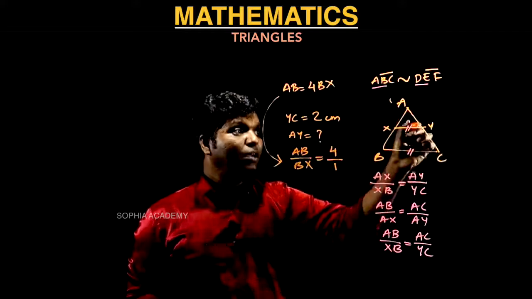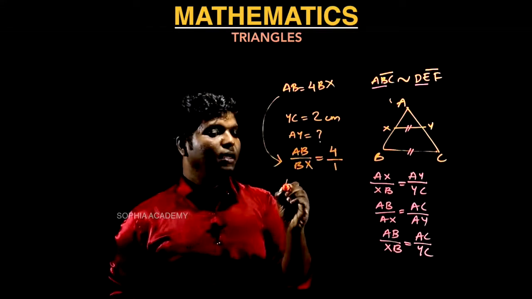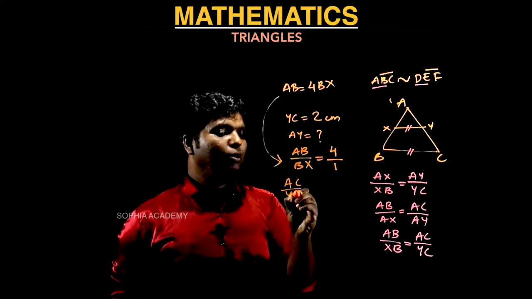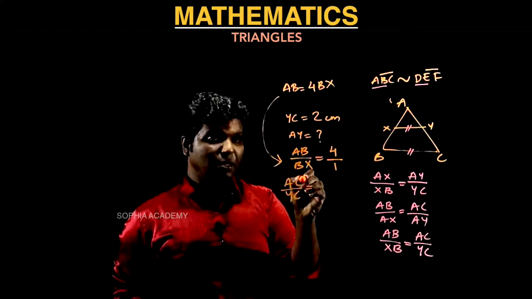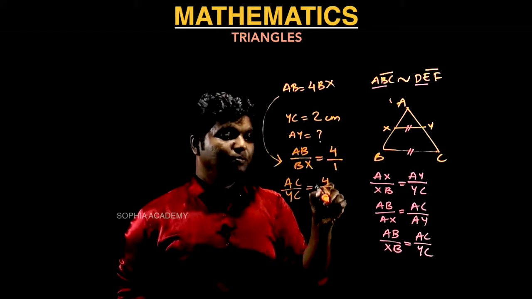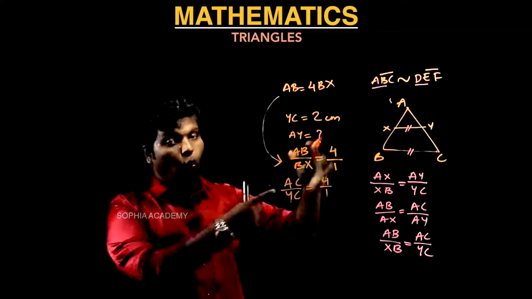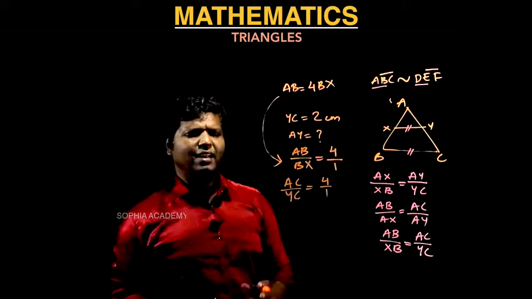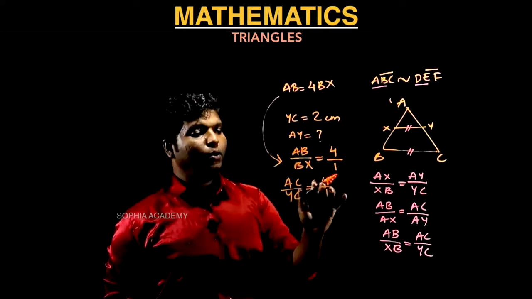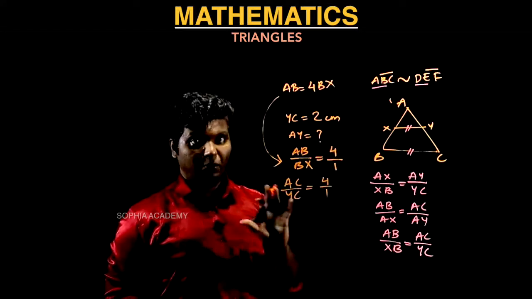So we write AC by YC is equal to 4 by 1. It is an MCQ question, so there is no need to write all the steps together, just write the relevant one. As these two are equal, this one also will be equal to 4 by 1, isn't it?